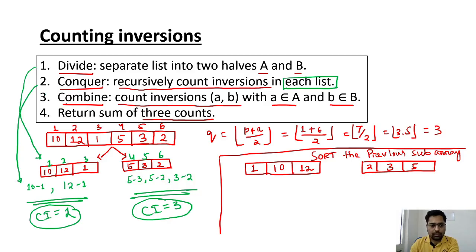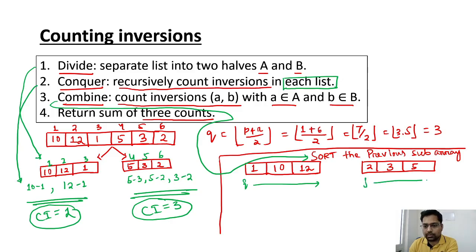In combining, we must sort it. Sort the previous array. This is what we have to follow. Now you can start i from here to there and j from here to there. This is what you have to do for counting inversions.